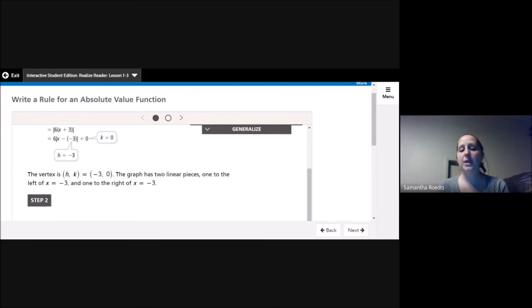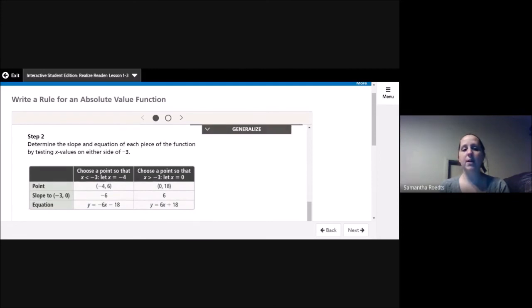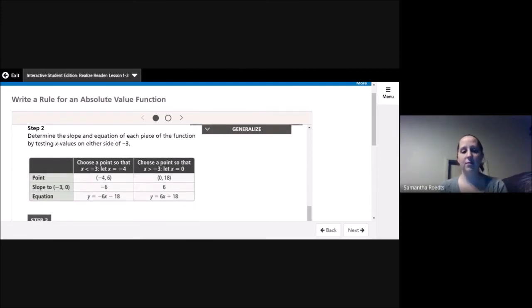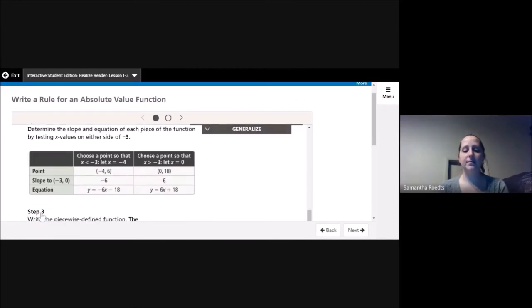The graph has 2 linear pieces, one to the left of x is -3 and one to the right of x is -3. So determine the slope and equation of each piece of the function by testing x values on either side of -3. From -4, 6, my slope is -6, so my equation is y equals -6x minus 18, and for a point that's greater than -3, we pick 0, 18, where the slope is 6, so y equals 6x plus 18.